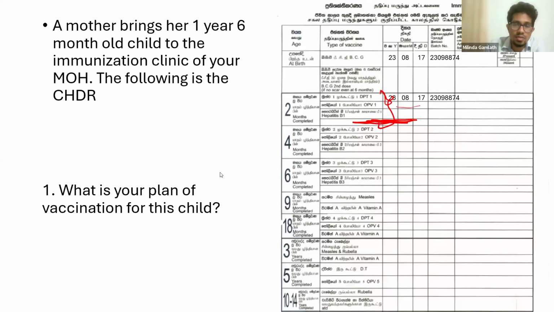I forgot to fill in this. Imagine all the 2-month vaccines are given. Afterwards, nothing is given. Okay. Right. So what is your plan of vaccination for this child? Then I have to complete the 4 month, 6 month vaccines, 1 year and the 18 months vaccine.